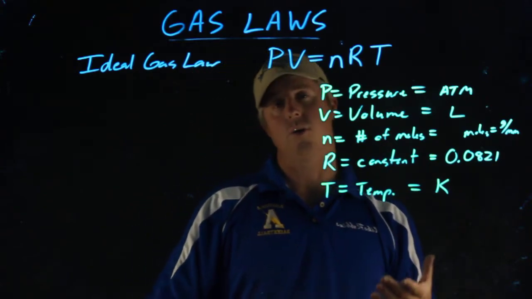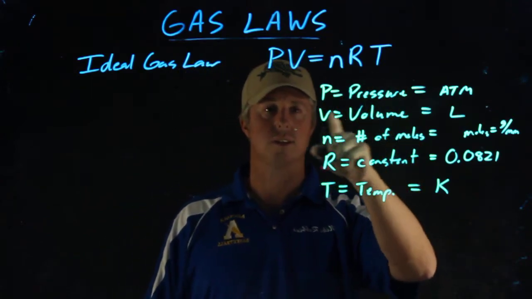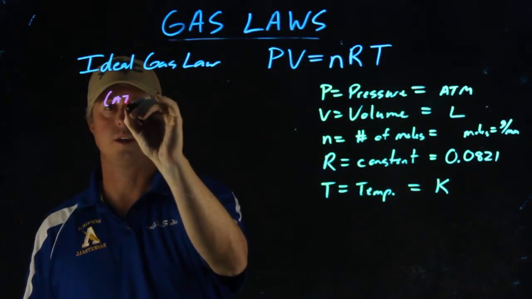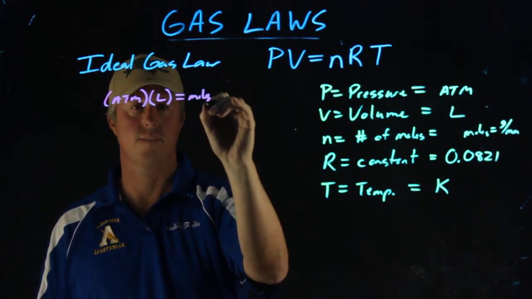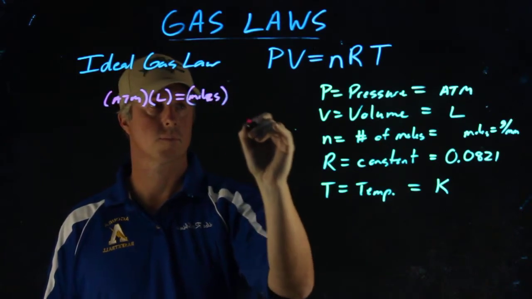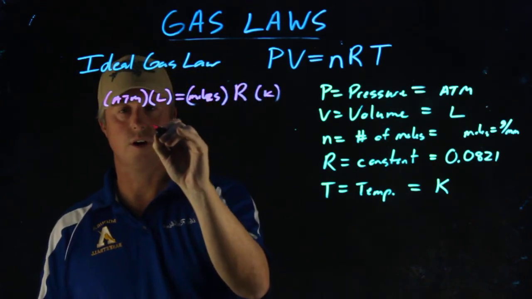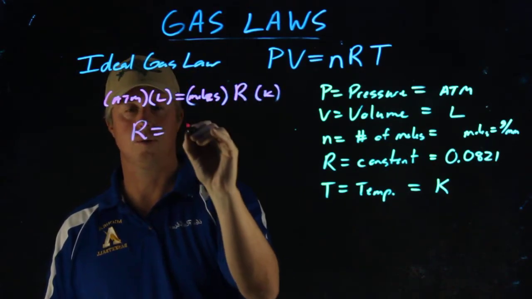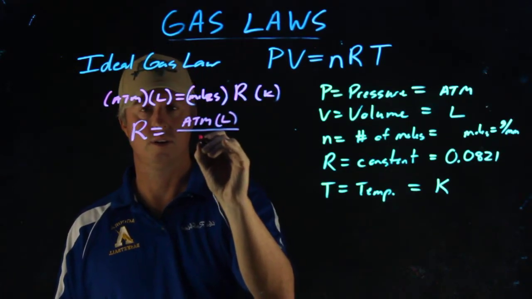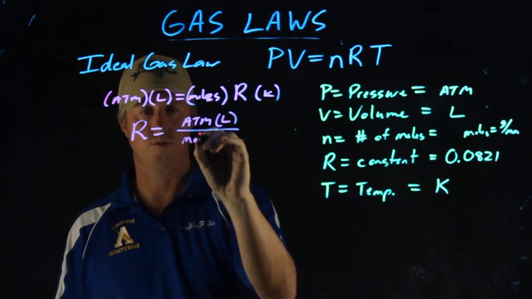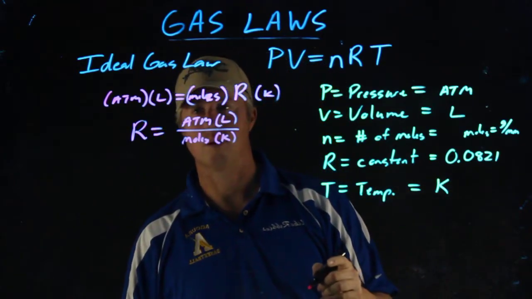So if we wanted to know what a constant's units are, let's do that. So we have PV equals nRT. Pressure is in atmospheres, atm. Volume is in liters. Is equal to moles times our R, which is what we're finding, times Kelvin. So if we solve for R, it equals atmospheres times liters over moles times K. These are our units for our constant.